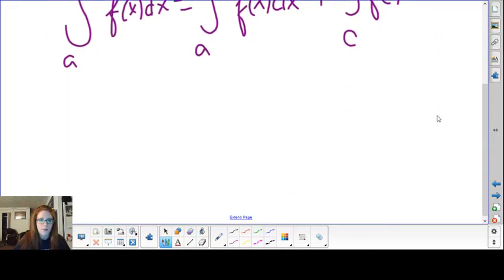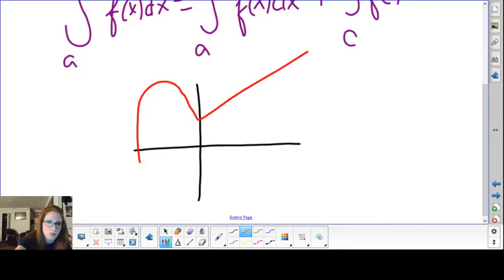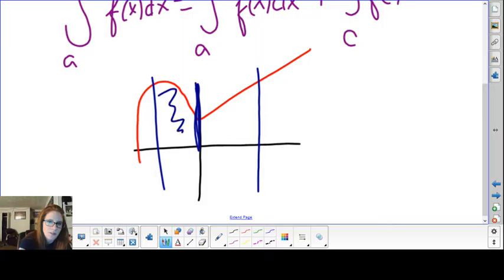Now what that looks like is, say we have, again, some coordinate grid. And my graph is going looking like this, and then all of a sudden it changes and goes constant. Well, since my function changes at a specific point, and we're looking from here to here, it makes sense to just find this area, and then add them together.